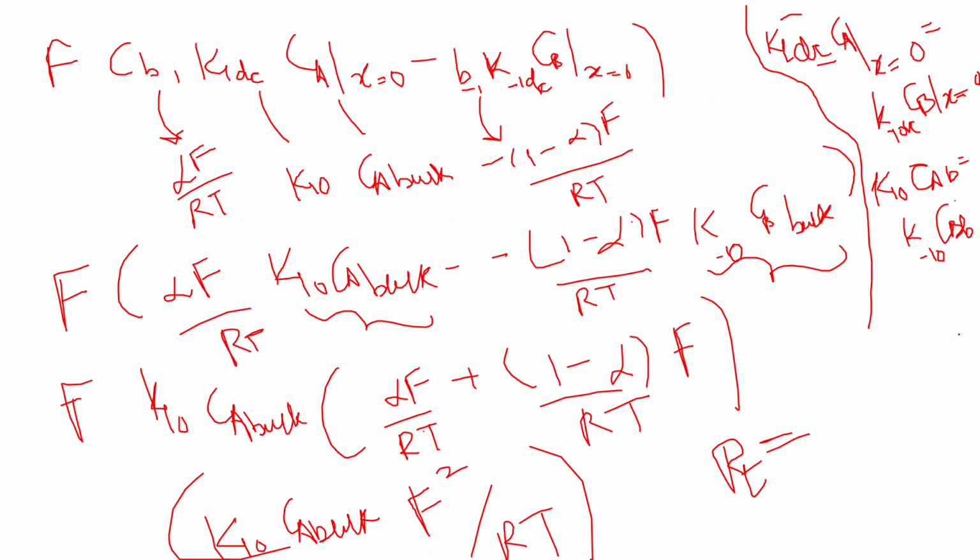If I take the reciprocal, I'll get something like RT by F square K10 CA bulk. So this is the RT value.